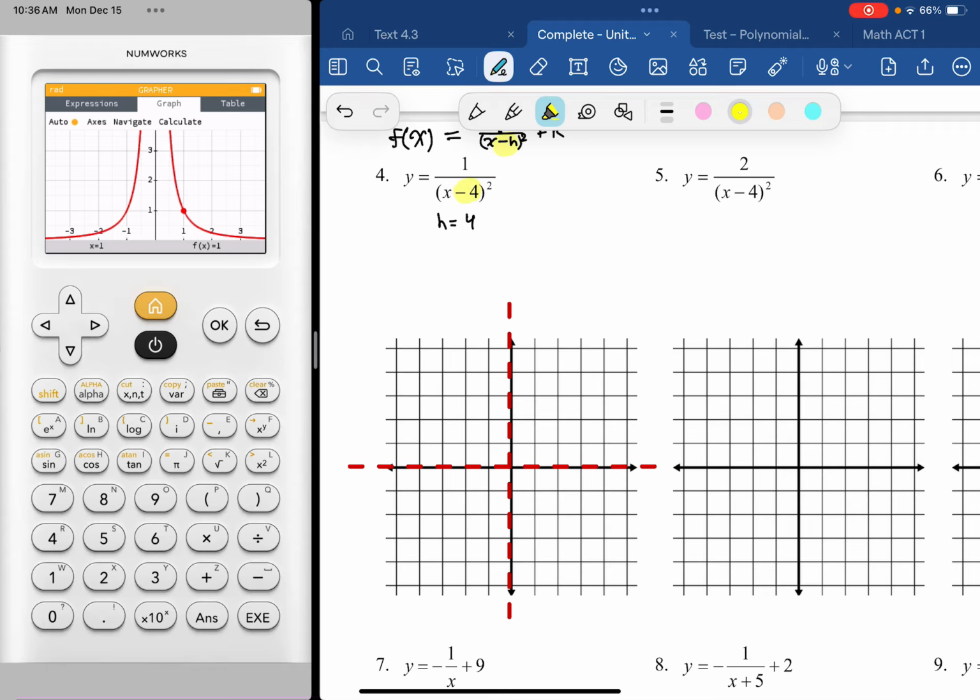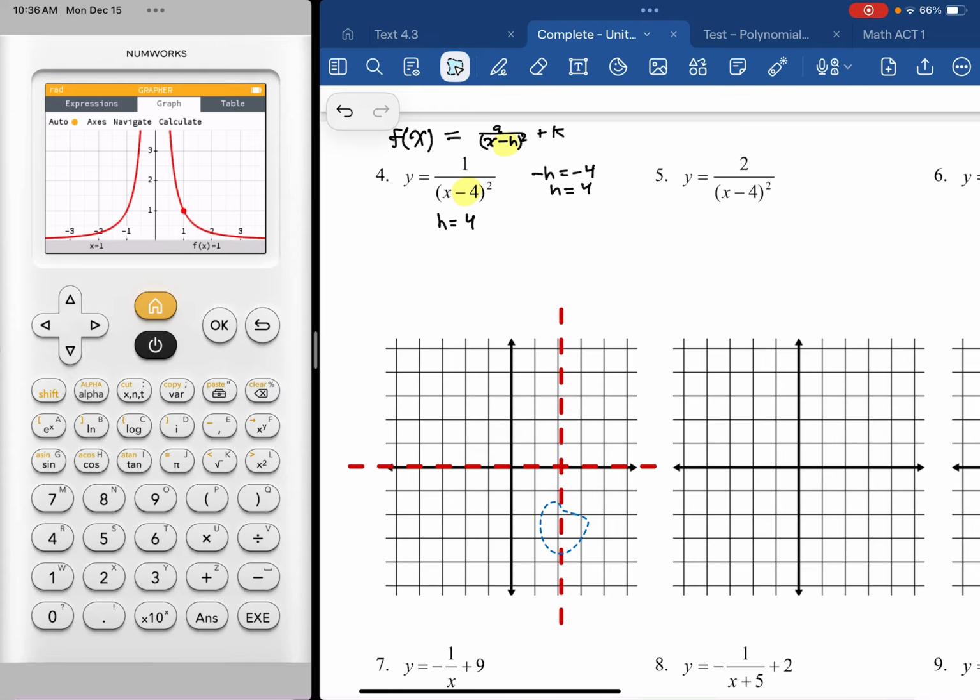It's one of those flip the sign situations, because -h is equal to -4, which means h is equal to 4. The k value is 0, so this is telling me my horizontal shift is going to be 4 units, 1, 2, 3, 4, to the right.